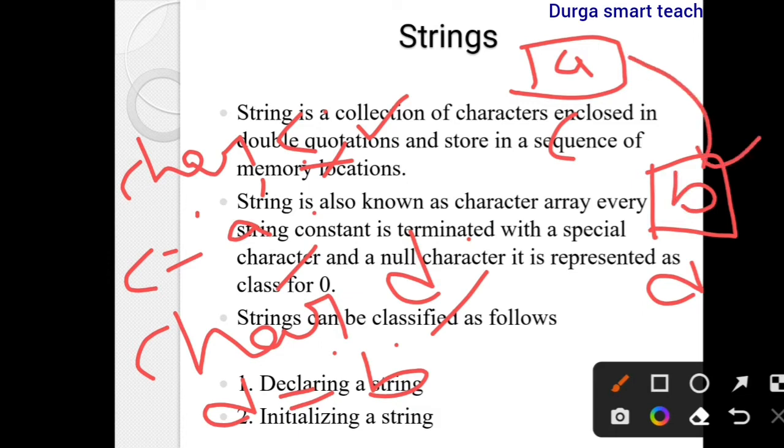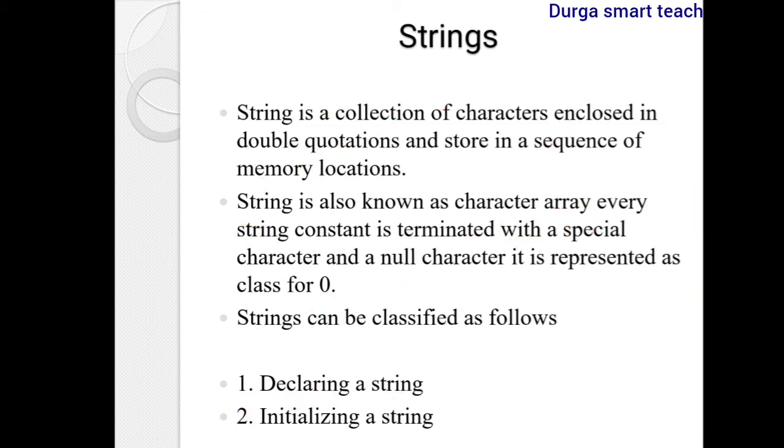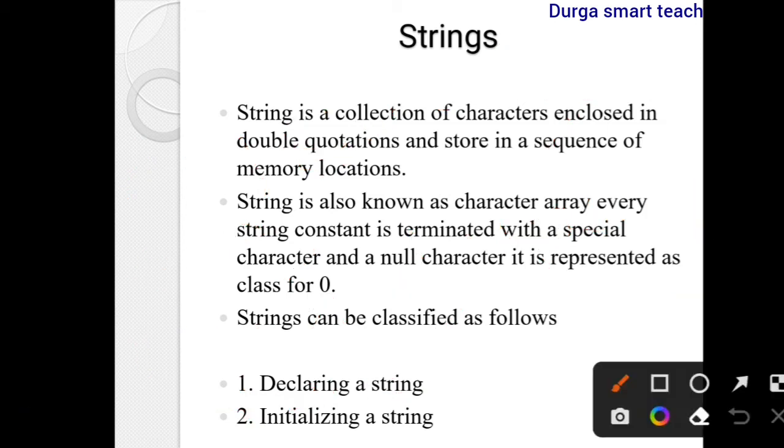Suppose A is stored in 2000, and B is stored in some 4001. So memory is not continuous in the case of characters, but strings are stored in continuous memory locations.